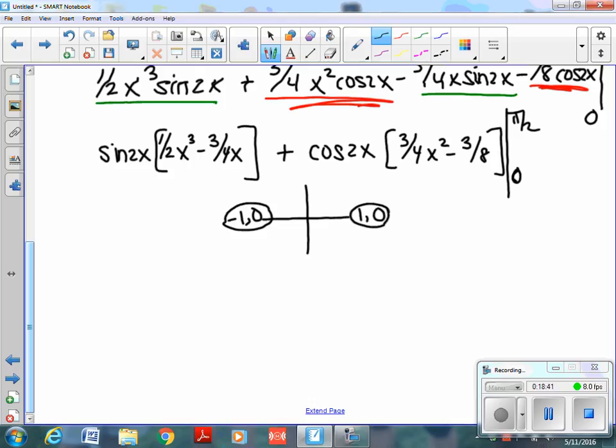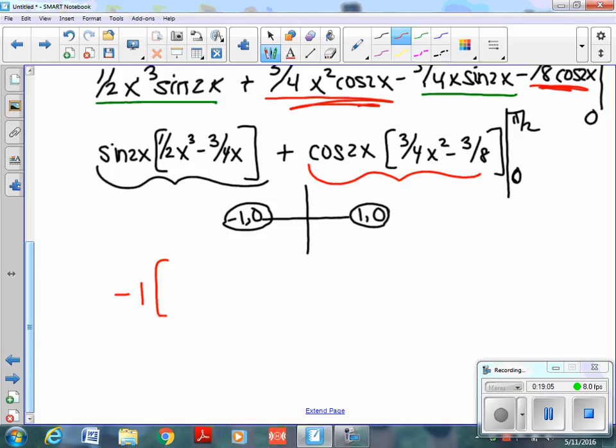When you plug pi over 2 or substitute in there, you get 180. The sine of 180 is 0. So this whole thing is going to disappear when you plug pi over 2 in there. The only thing you're going to have left is this part. And the cosine of 180 degrees is a -1. So this right here ends up being a -1.